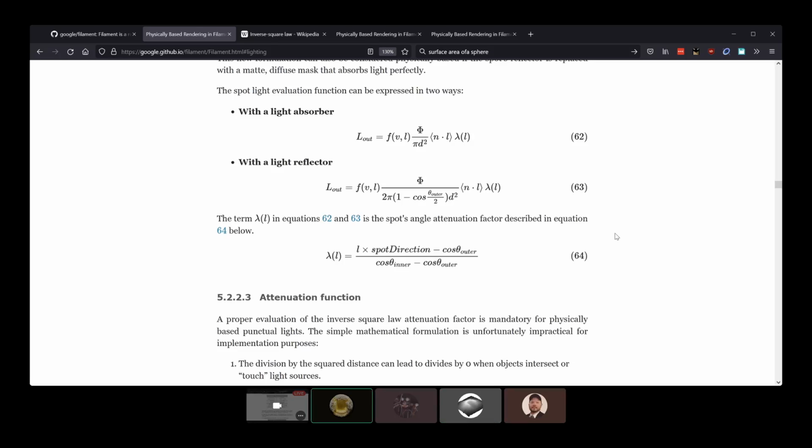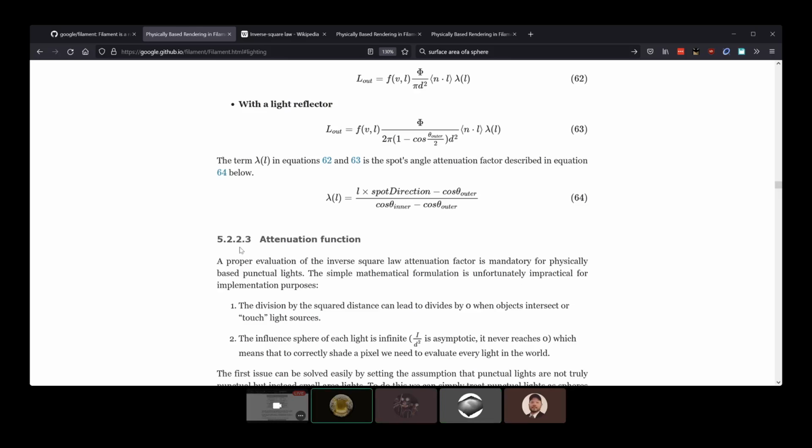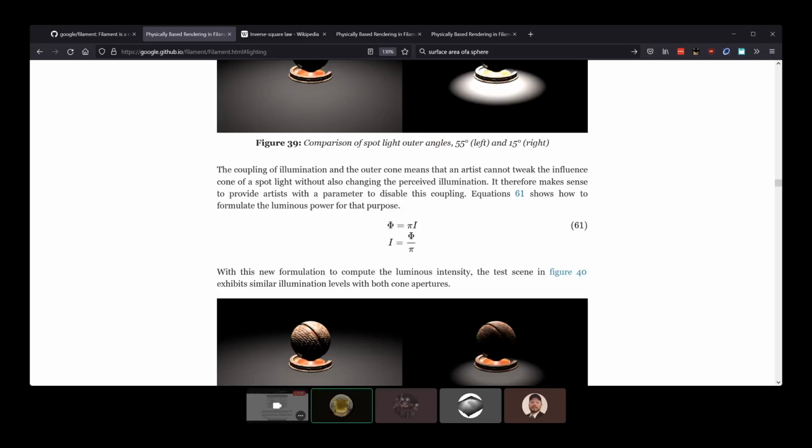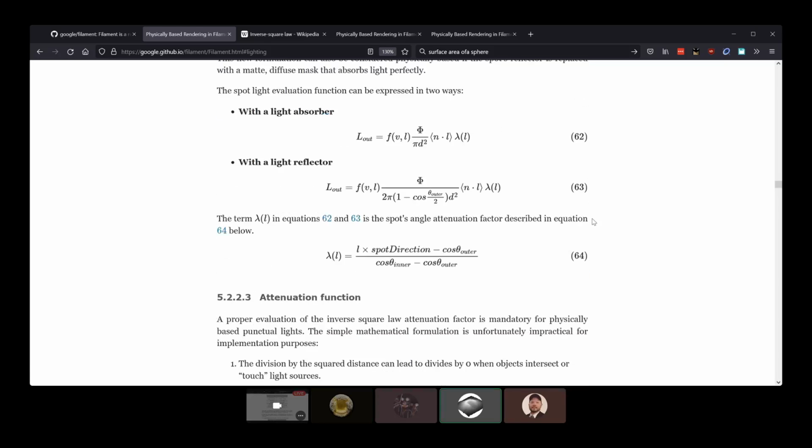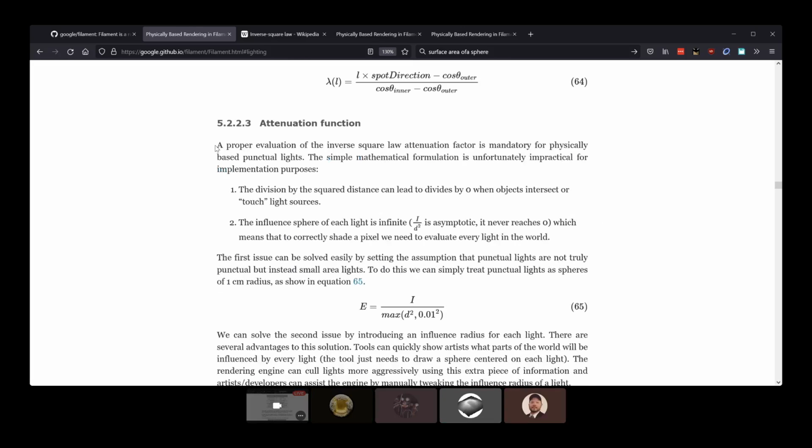Maybe? Yeah, it says on 64 what that lambda thing is, and they don't have it up here. Okay, that's a spotlight attenuation function.